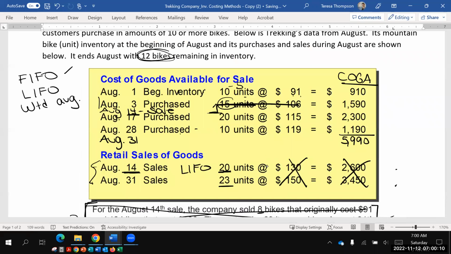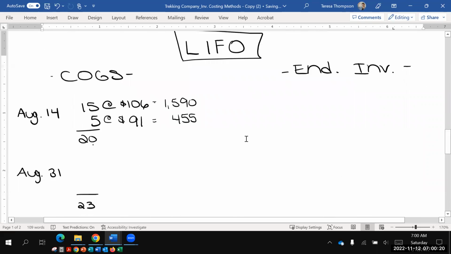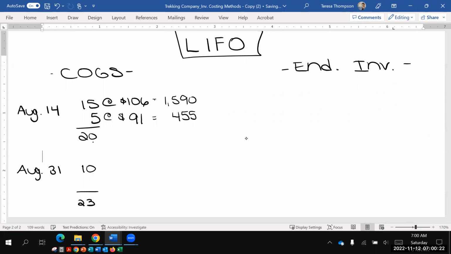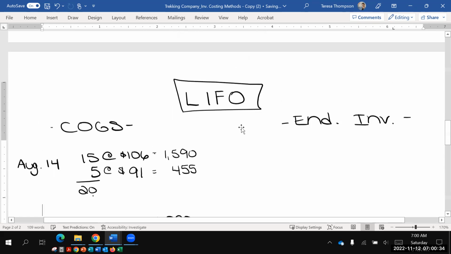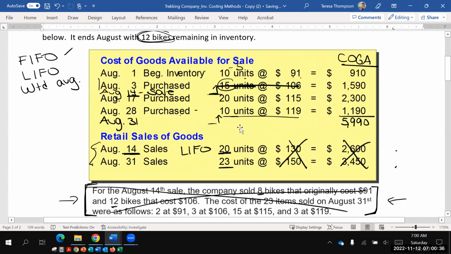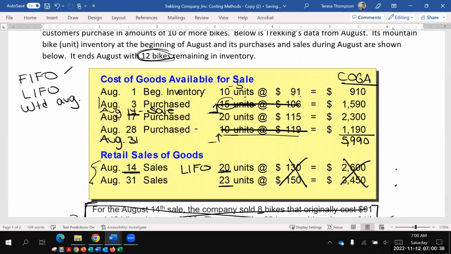August 31st sale. So that happens here. So here our last purchase from August 31st is the 28th. 10 units at 119. That gives us 1,090. We still need 13 more units. Let's see where those are going to come from. Okay, so this is now gone.